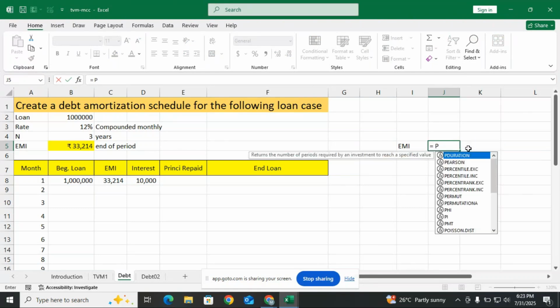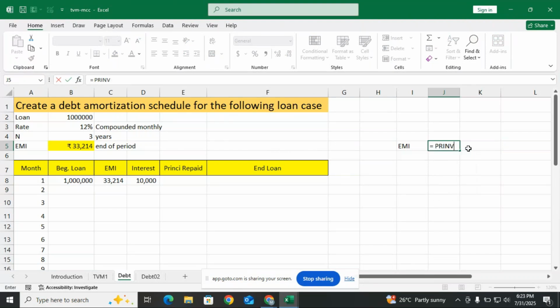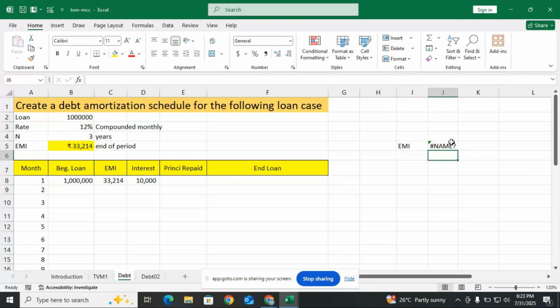Okay, principal plus interest. Okay, so here, so what you're going to do is your EMI, which is 33,214, comprises both the principal amount as well as the interest amount.